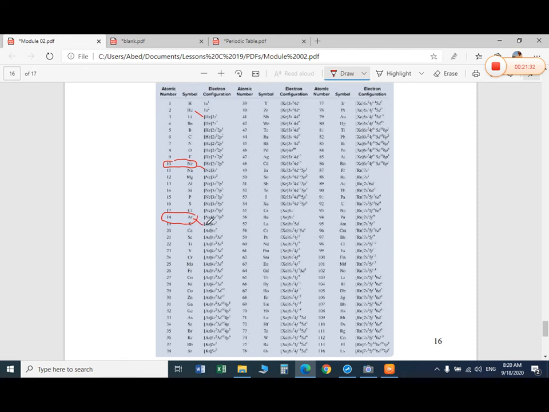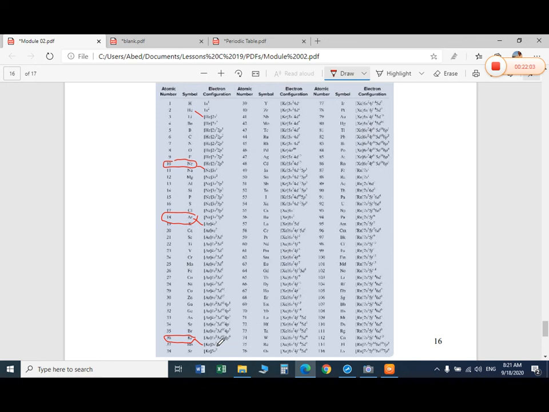It means this is 18 electrons, and the 19th electron will come outside the argon bracket, that will be 4s1. Then it becomes 36, then it is krypton. So instead of writing the long electronic configuration for 36 electrons, you just say krypton in the bracket. So this krypton will represent the 36 electrons, then you can write 5s1.